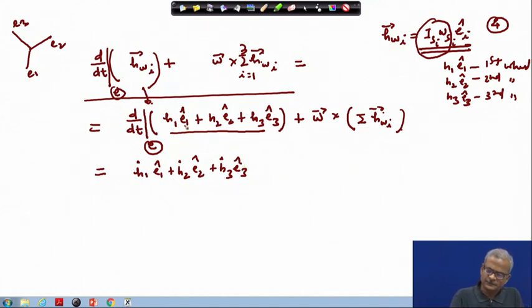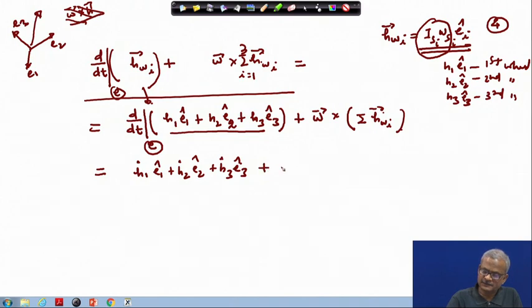However, your E 1, E 2, E 3 are fixed vectors in this frame, and these are the unit vectors. So, these vectors are not changing with time. We need not take the derivative of this, but if we do the same thing with respect to the inertial frame, we have to take that extra term, omega cross h. That term appears if it is with respect to the inertial frame, but here in this case it will not appear because this is with respect to the body frame.